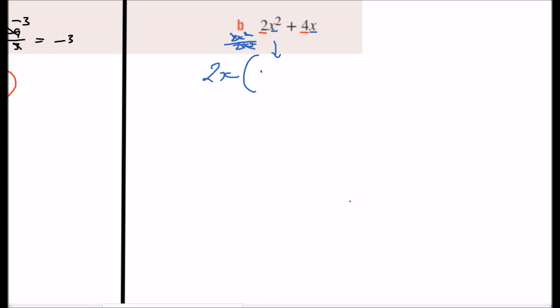So here you start off with x plus, now 4x divided by 2x, so that would be 4 and 2, that gives you 2. x divided by x cancels out, so you're left with 2. So 2x times x plus 2.